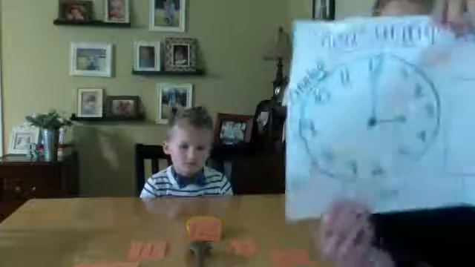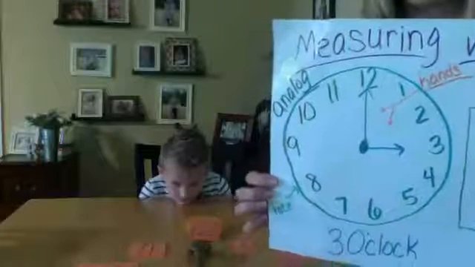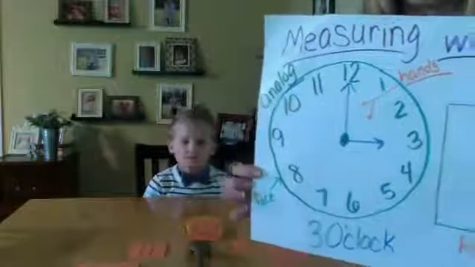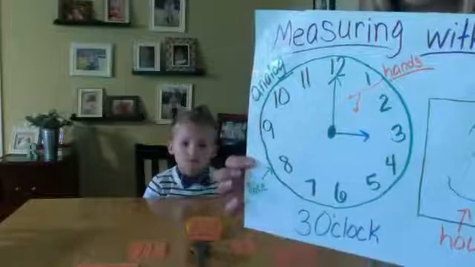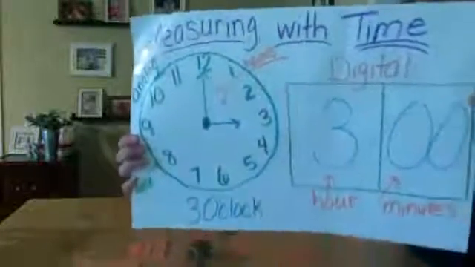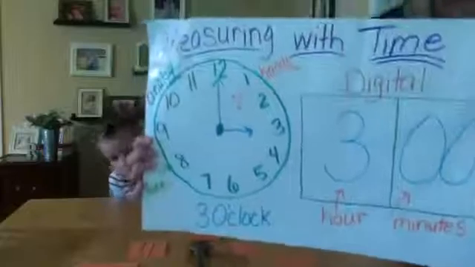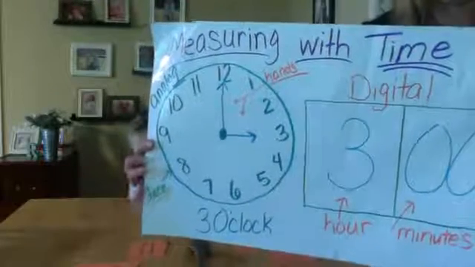So let's look at our clock from yesterday. There are 12 numbers on a clock. And if you go halfway, we go down to the 6, okay? So here's our chart from yesterday. We're measuring with time.